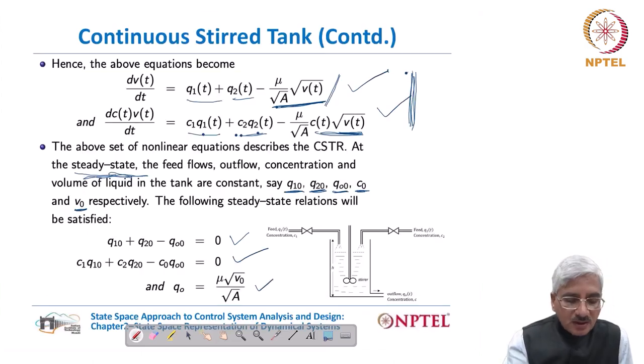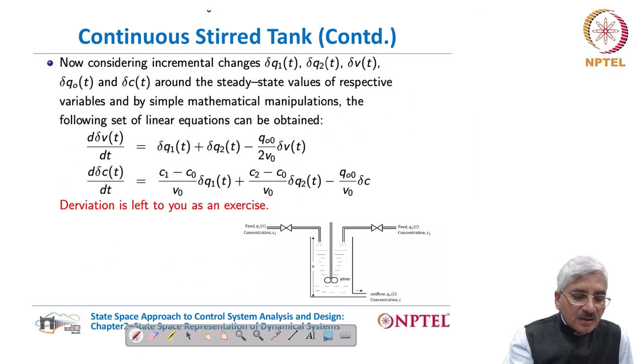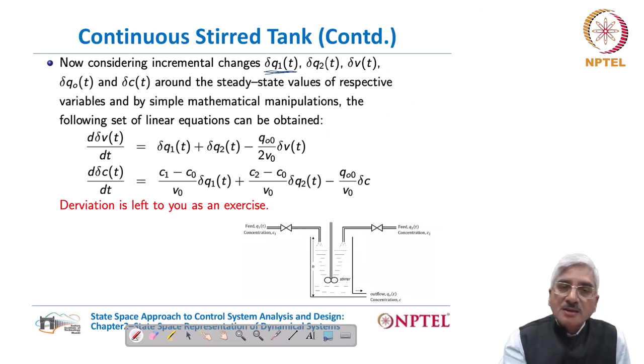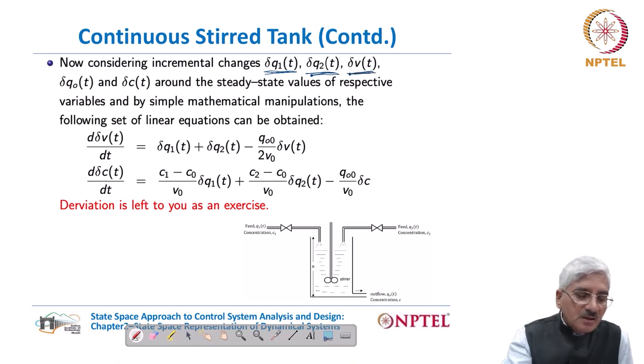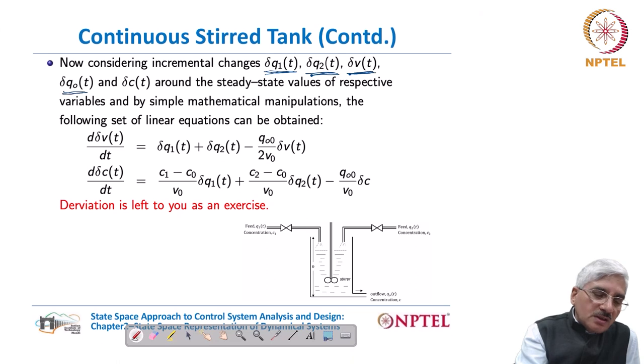So we have these three expressions at the steady state. And now we consider incremental changes around those steady states. So we assume, for example, that Q1 at any time t is Q1 0 plus delta Q1. Similarly, the change in Q2 is delta Q2, the change in liquid volume is delta V, the change in outflow is delta QO, and the change in concentration is delta C.